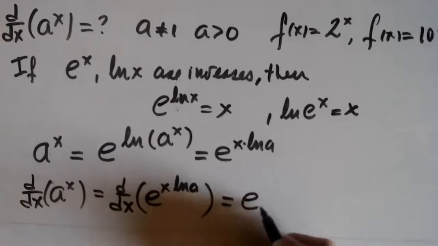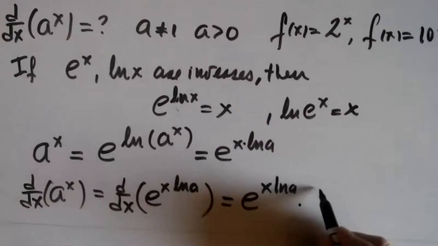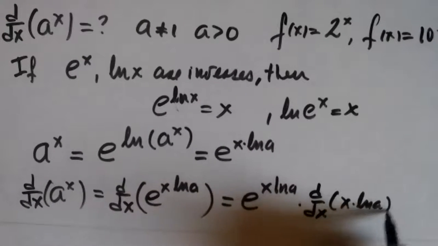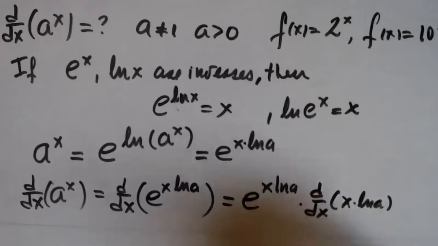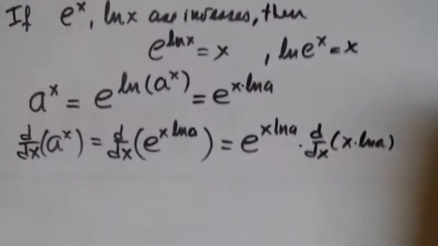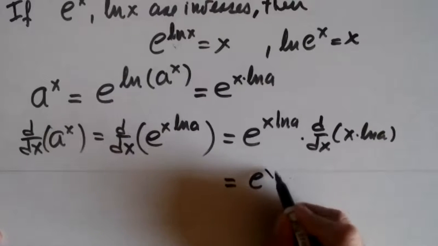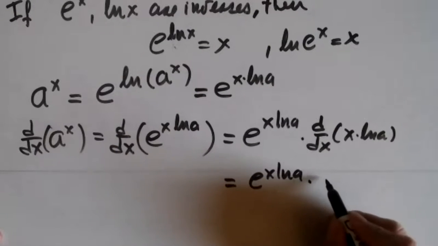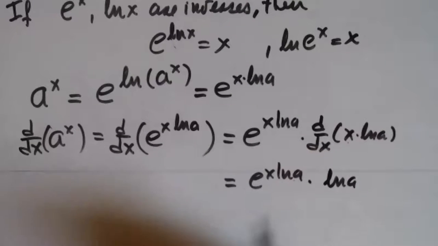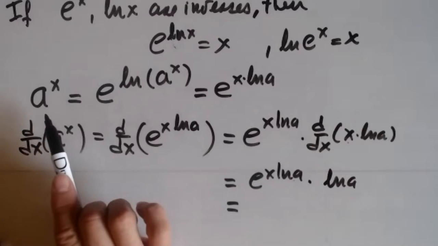This is e to the x ln a times the derivative of x times ln a. ln a is a constant, so this is simply e to the x ln a times ln a, because the derivative of x is 1. Now, what I'm going to do is simply return this expression to the original one.